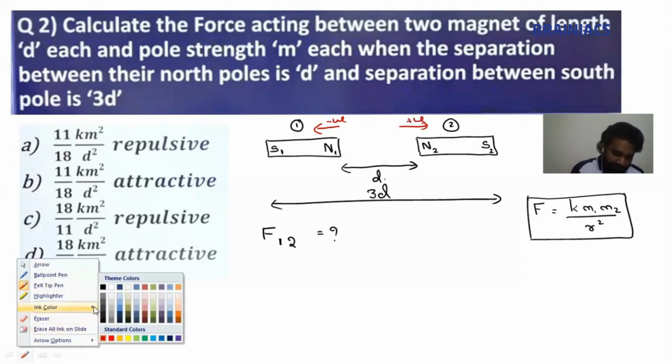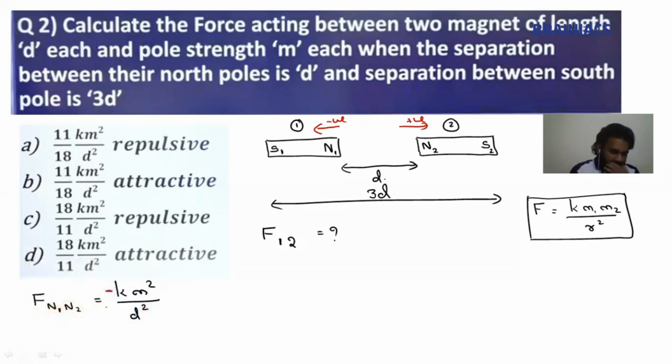Now next one, force on S1, south pole 1, due to N2. So this is also K M square divided by, the distance between S1 and N2, which is 2D, all square.